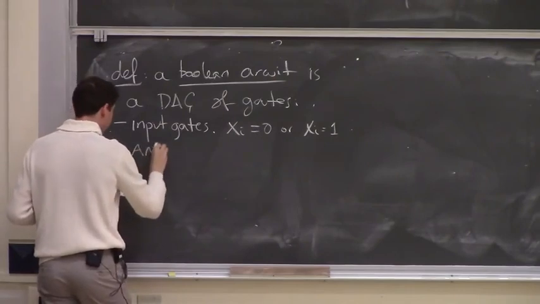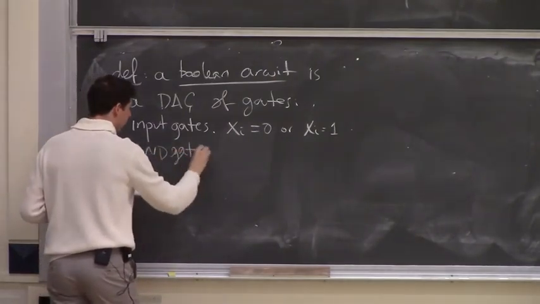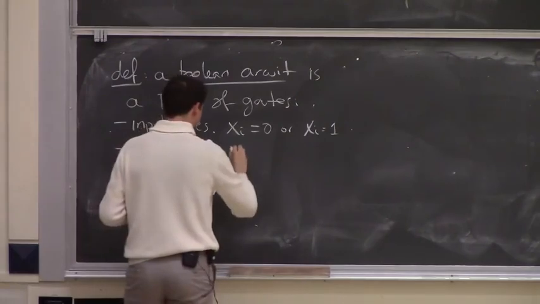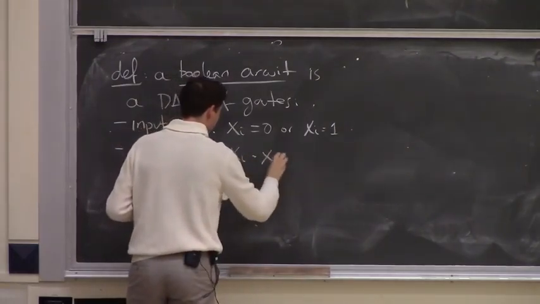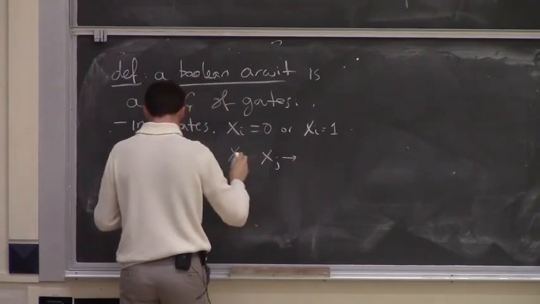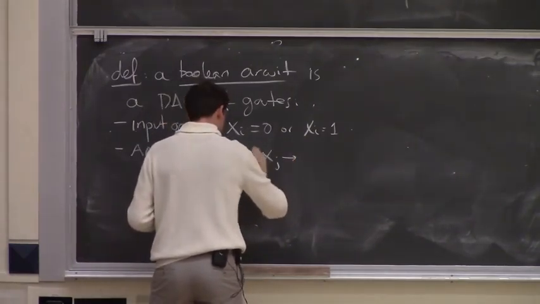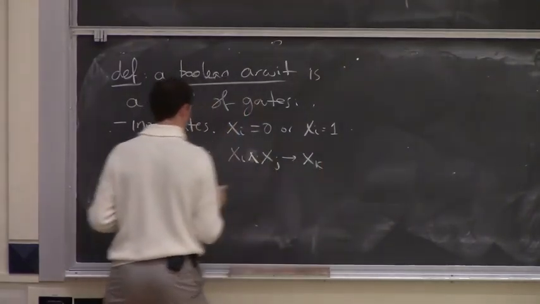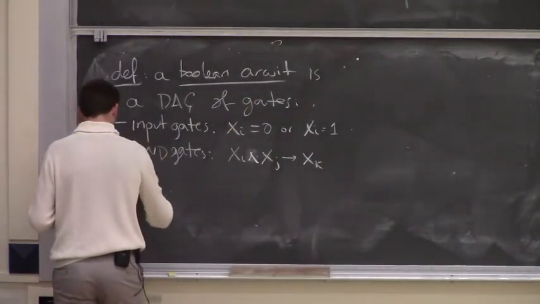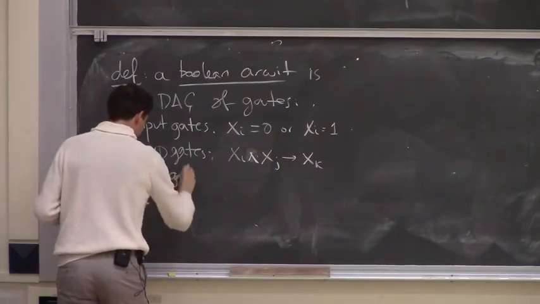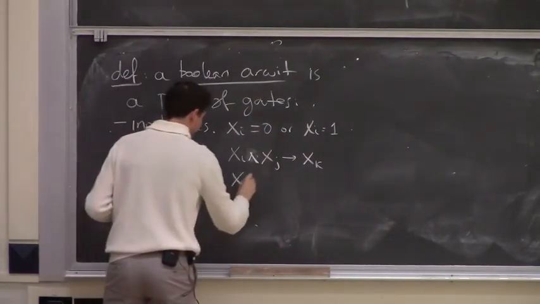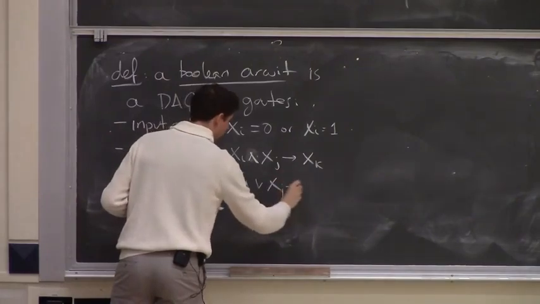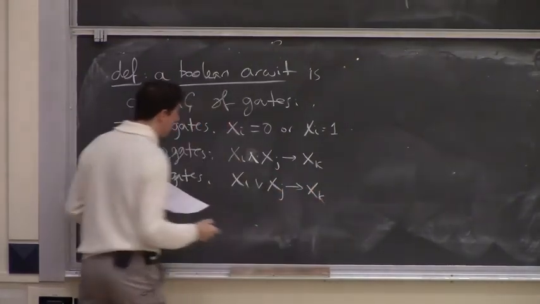You have AND gates. That says that xi and xj goes to xk. You will have OR gates that say xi or xj goes to xk. By the way, what are these gates?